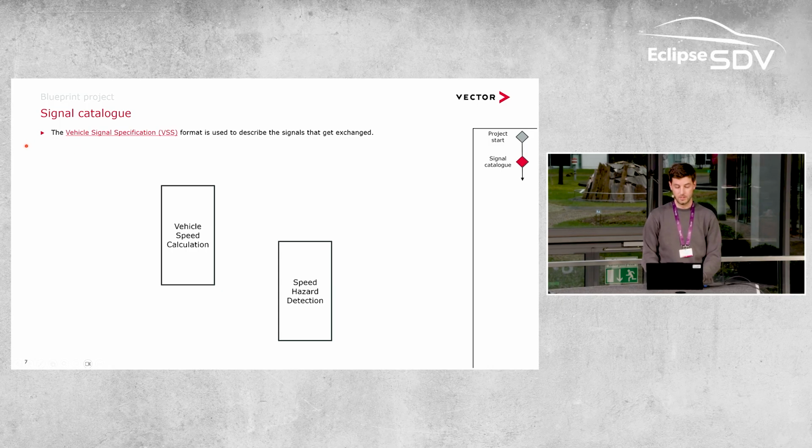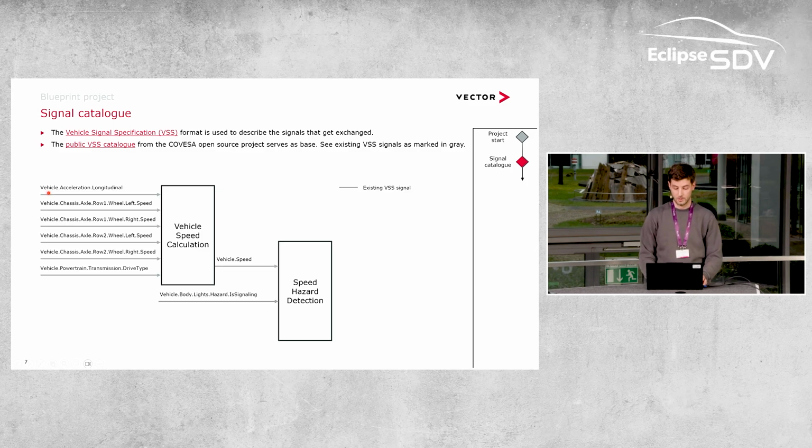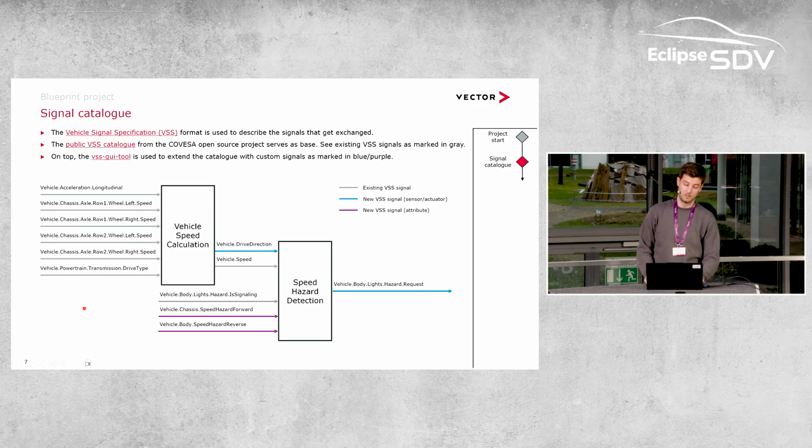So the starting point, not surprising, is the vehicle signal specification. So we have the public catalog from the COVESA project, and from there, most of the signals can already be taken. Now, this VSS tool was used to add custom signals on top.